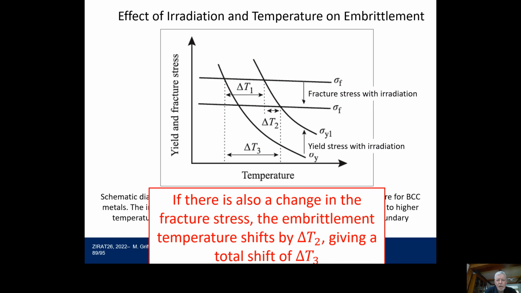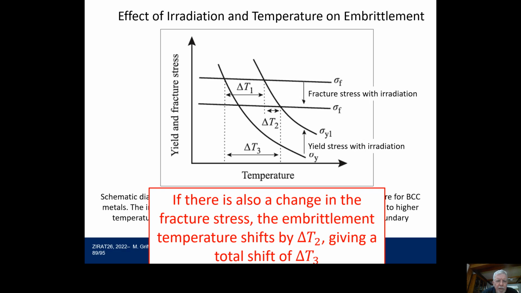What happens when you irradiate? Well, irradiation does a couple of things. One, it increases the yield strength, and this is how the yield strength varies with temperature anyway. And it may decrease the fracture stress.